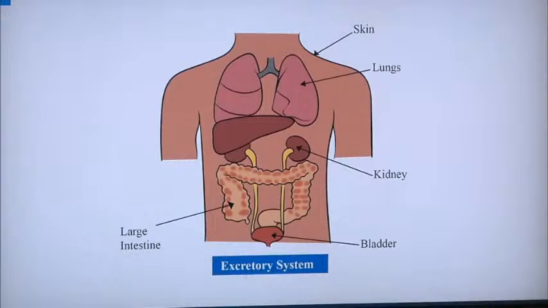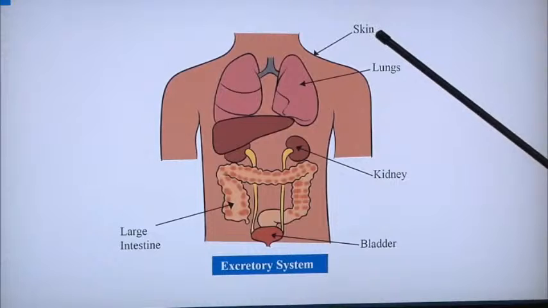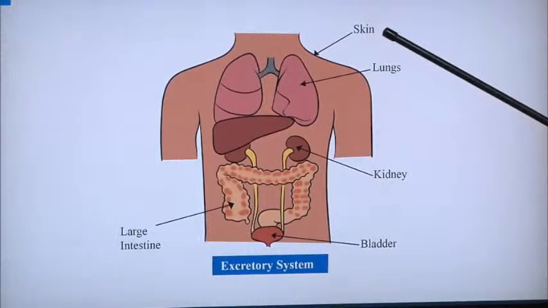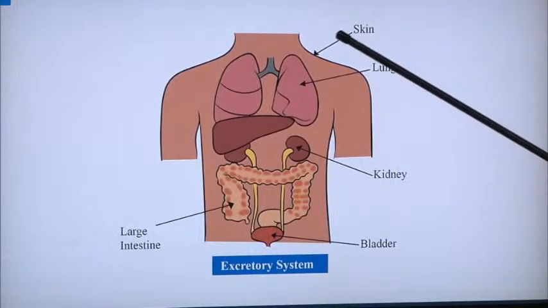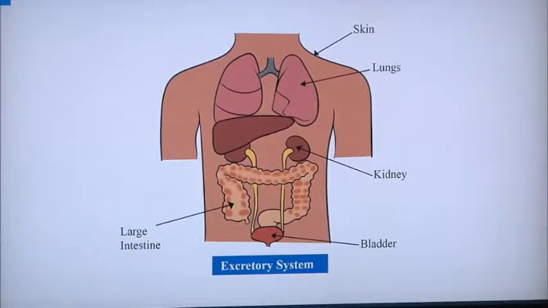We have the skin as one of our excretory organs. In our previous lessons, we said the skin was what? A sense organ. And we have seen it here. The skin is also an excretory organ.